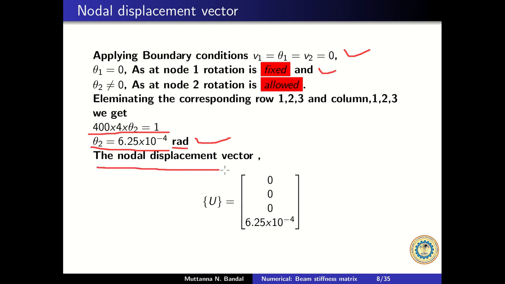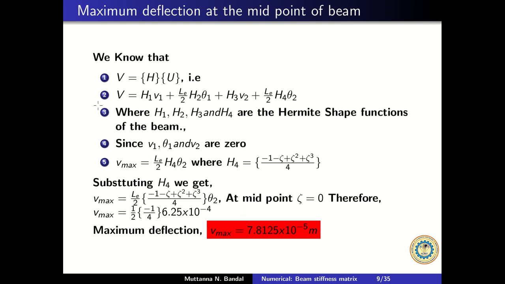Now the nodal displacement vector will be 0, 0, 0 and 6.25 into 10 raised to minus 4 radians. So I will use this to calculate what is the maximum deflection at the center. Suppose I take this as a beam, so based on the nodal vector, v1 and theta 1 are 0 at node 1, and slowly it will try to bend like this, and here there is a theta 2.